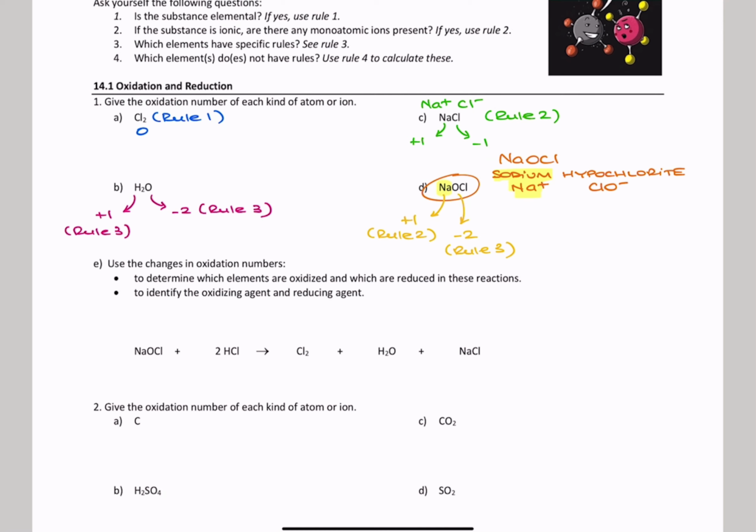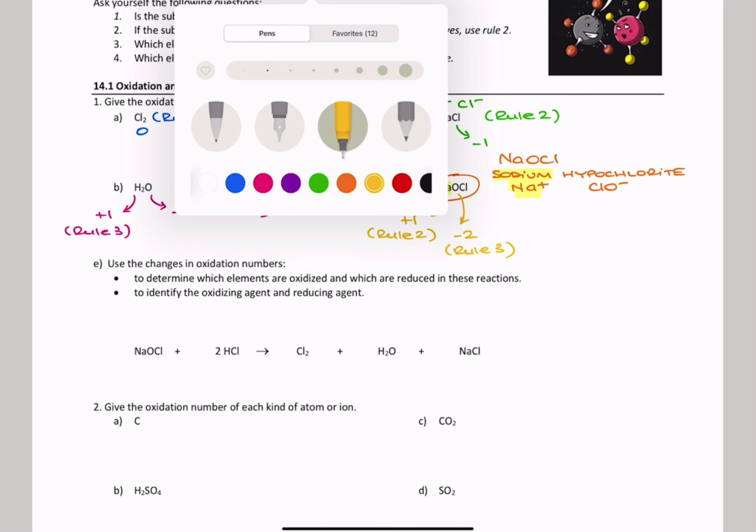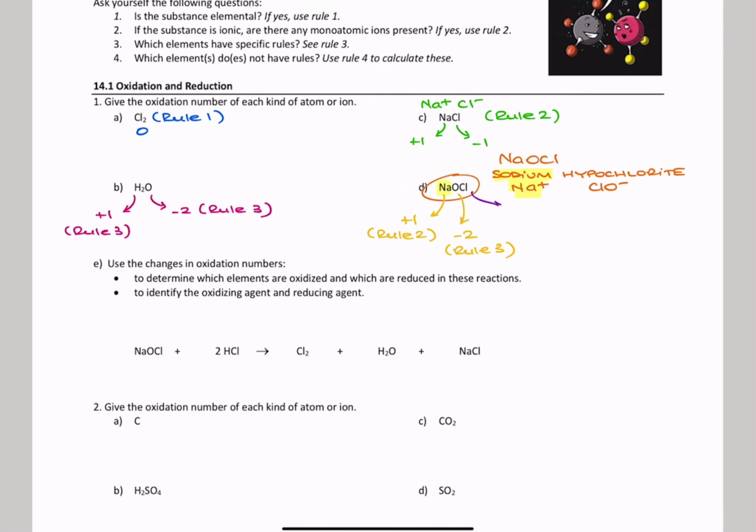There's no rule for chlorine, therefore for chlorine, we're going to pose chlorine as X, and we're going to use rule 4. Rule 4 states that the sum of the oxidation number of a compound is equal to 0 for a neutral compound.